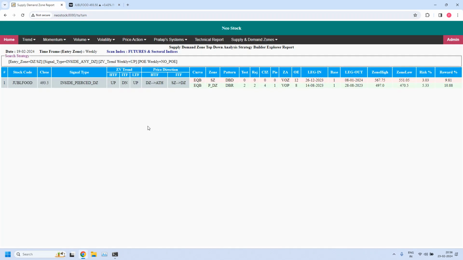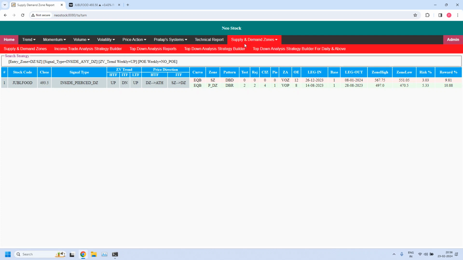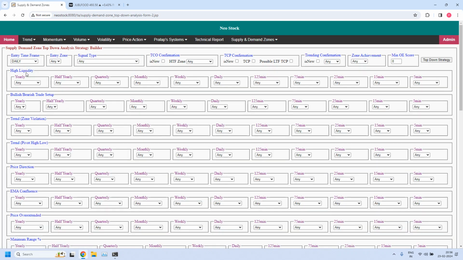And I can also show you one more condition. At the time price overextension completes, EMA Confluence will be there, right? So that's why, let me build a fresh strategy.